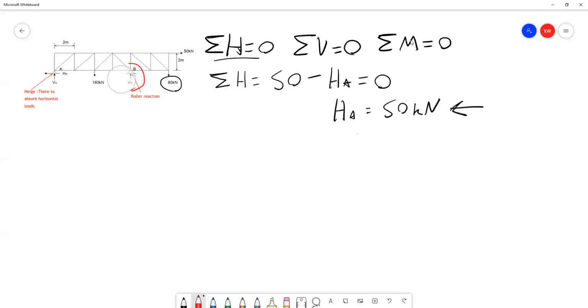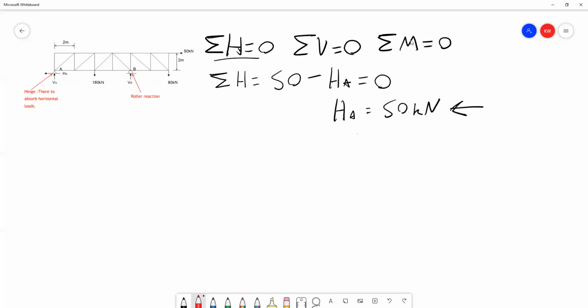Now, we know if we were to take the moment at any point along this beam, the moment supplied by VA is going to be 0. The reason for that is it's a hinge joint. So if we were interested in finding out the moment, there would be no moment coming from this support here. It's not going to act against rotation because hinges are designed to allow rotation to take place.